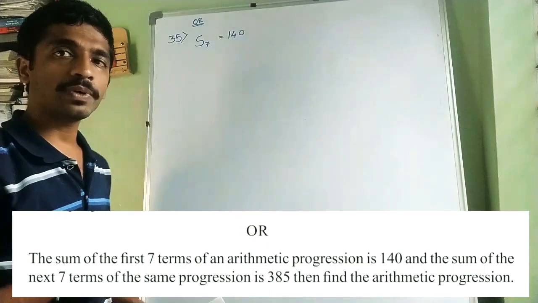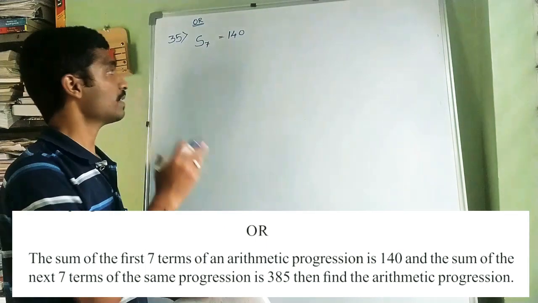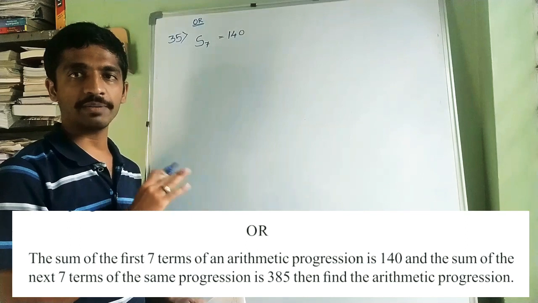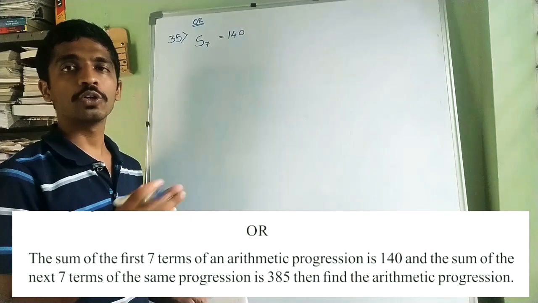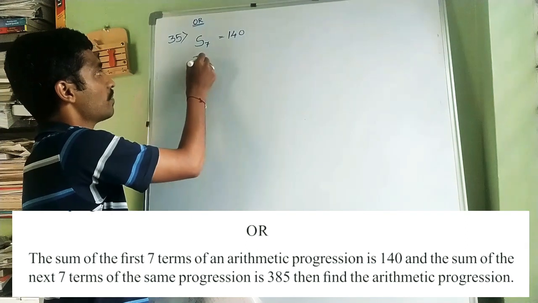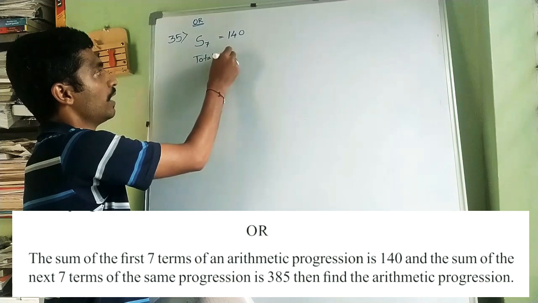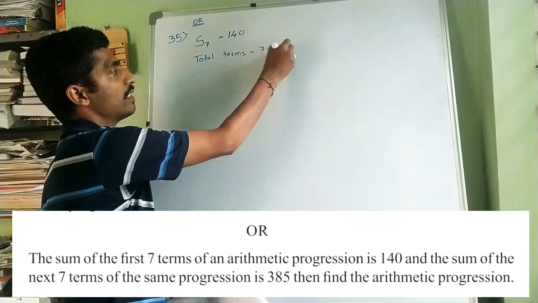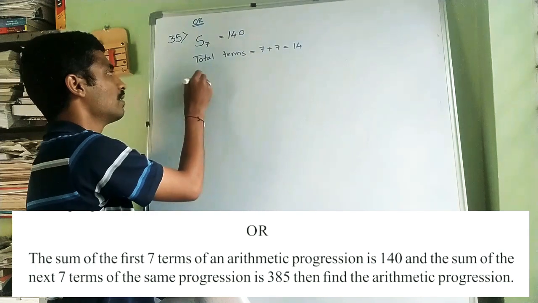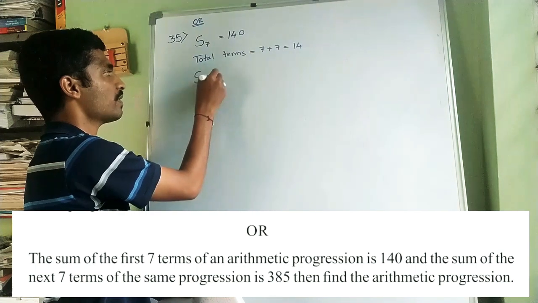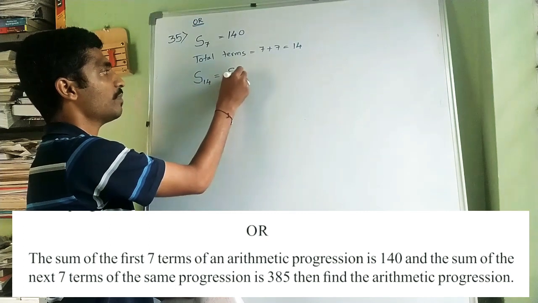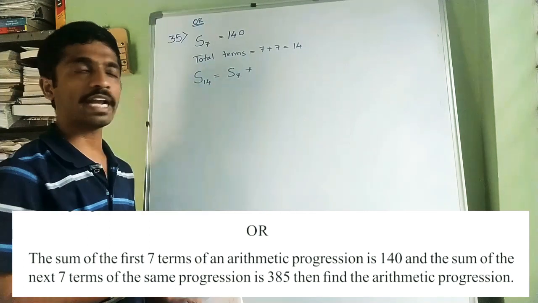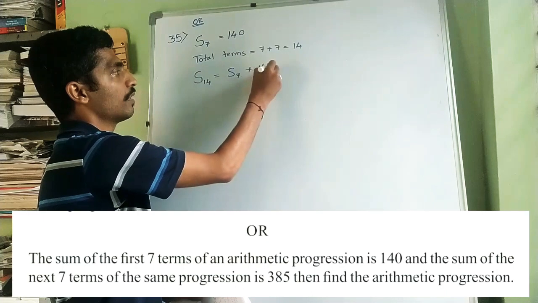Okay, the sum of next 7 terms. Next 7 terms means already 7 is there. Again next 7 means it will be total how many terms? Total terms will be 7 plus 7, that is 14. Then the sum of total 14 terms is how many? So first 7 terms is 140 and next 7 terms.